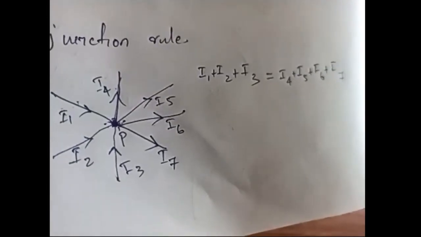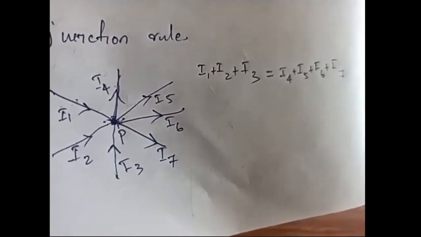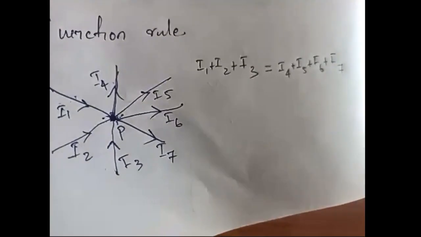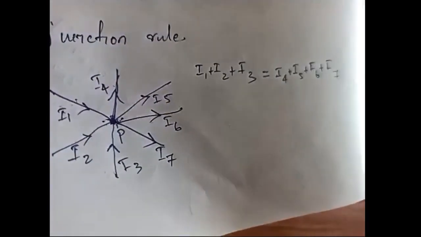So the first rule states that the algebraic sum of current meeting at a point will be equal to 0, or the total current entering a junction will be equal to the total current leaving a junction. This is the first rule.